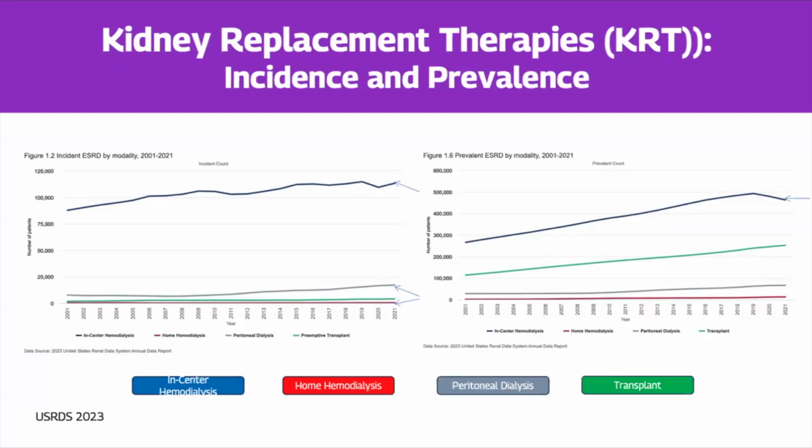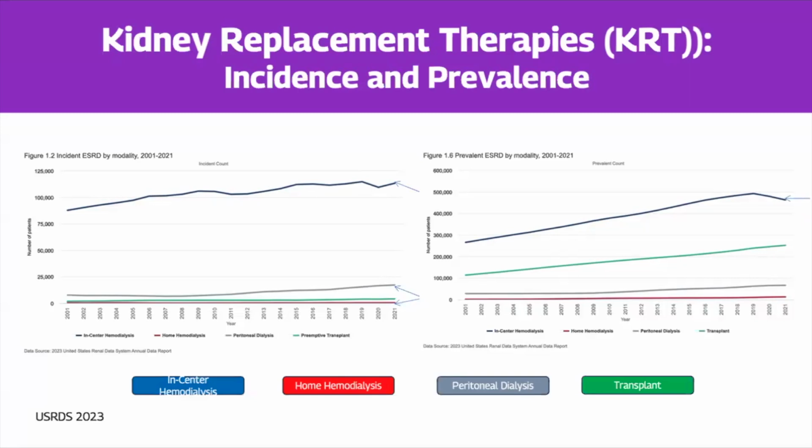That is an all-time high. When we look at the graphic on the right, it is the number of prevalent patients, or all patients who are receiving kidney replacement therapy. Over 462,000 patients are undergoing staff-assisted in-center hemodialysis. That's actually down 1.5% since 2020. And if you guessed it was the pandemic, you're right.